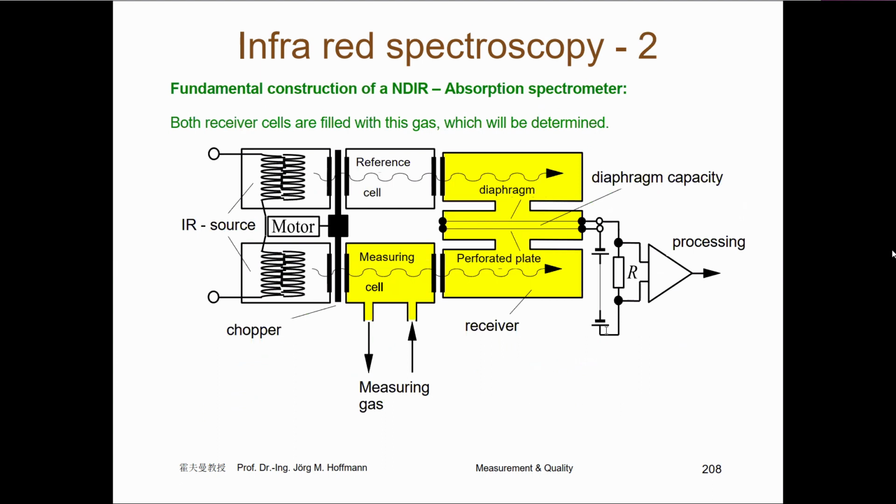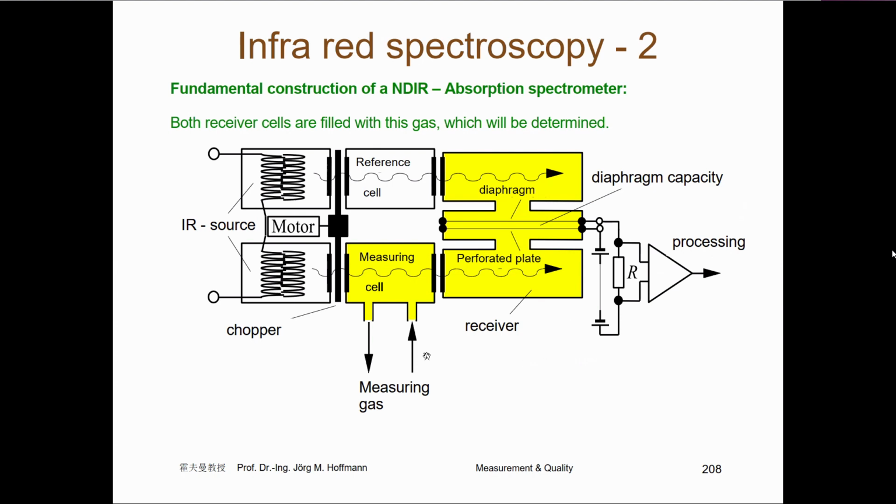And we have another principle, but it is generally the same. You have here the measuring gas, you have here a reference cell, and you give an infrared light on in a wide spectrum. And here you can fill the receiver with a gas that you would like to measure.